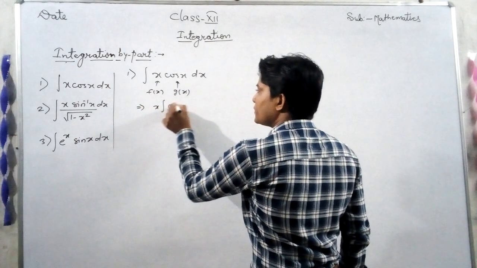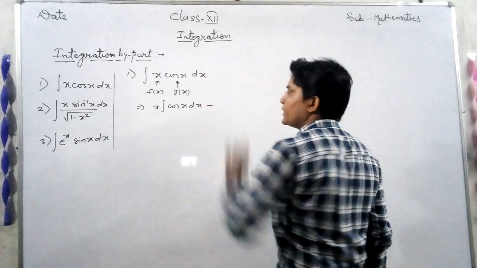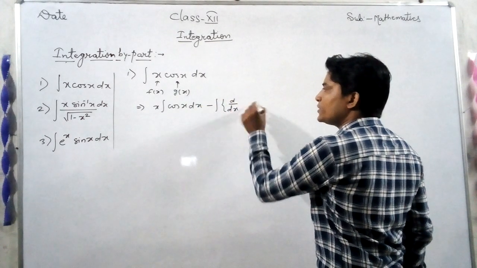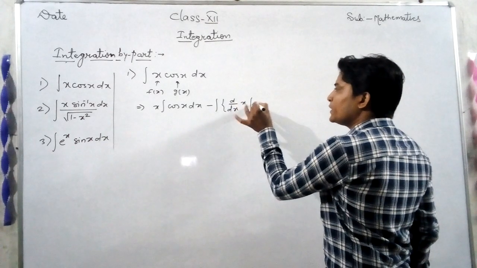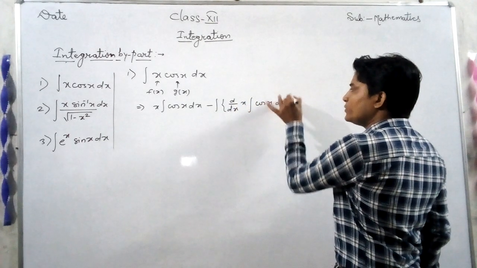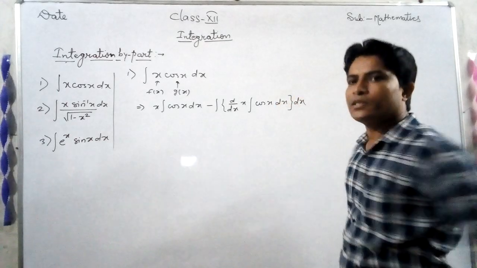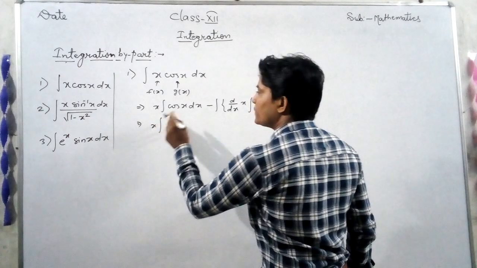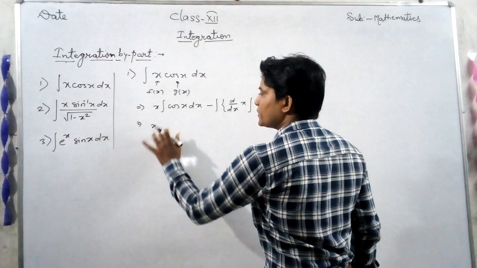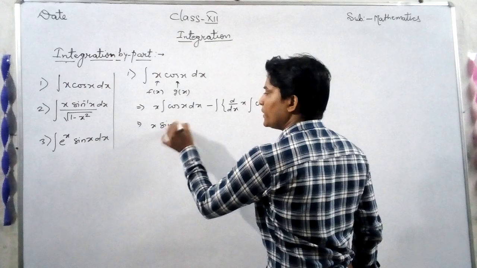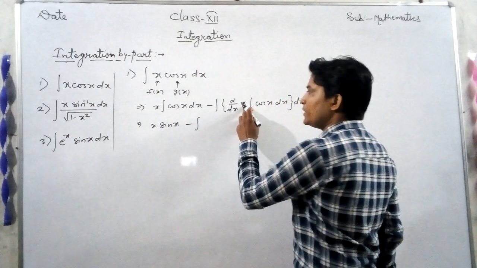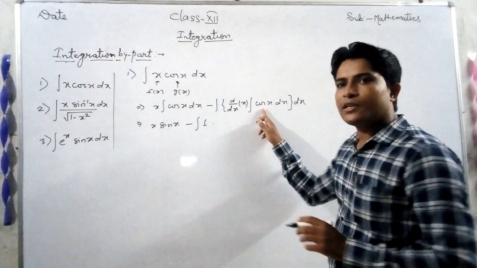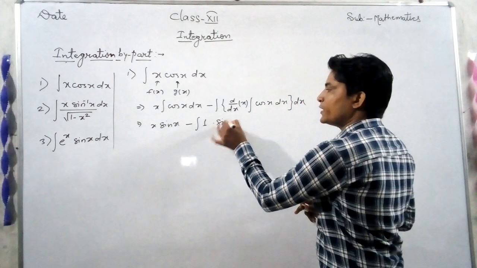x as it is, times the integration of cos x dx, minus the integration of the differentiation of f(x), that is x, times the integration of cos x dx, and whole integration. The integration of cos x is sin x.